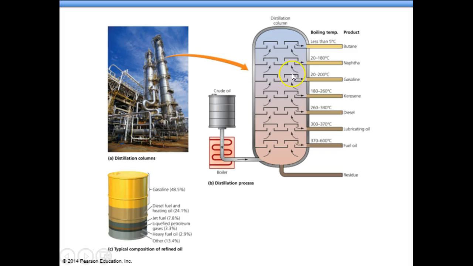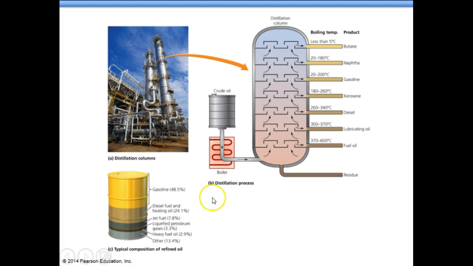So butane is a shorter chain compared to fuel oil, which is a longer chain. So the higher up you go, the shorter chain molecules, or constituents as they're called, are going to be separated out so that you can get these different grades of fuel from the crude oil.